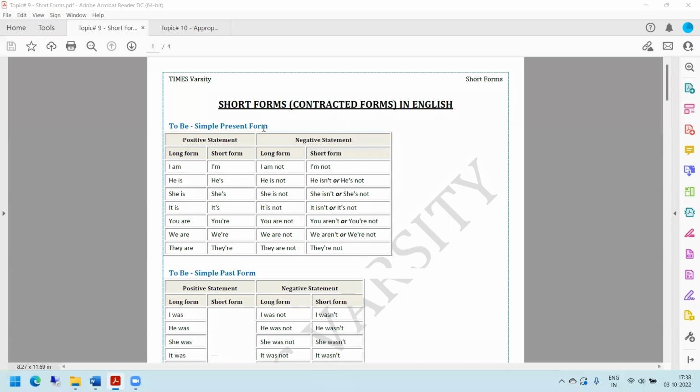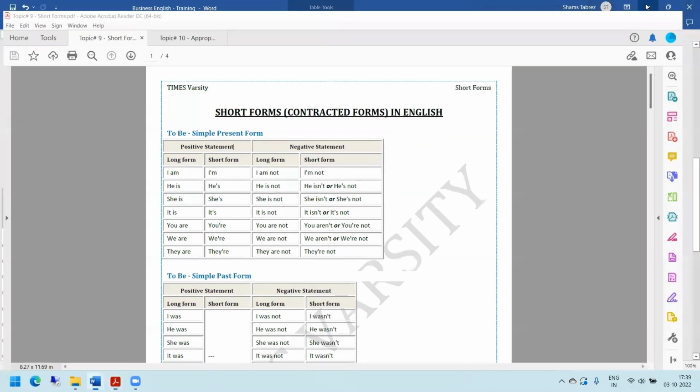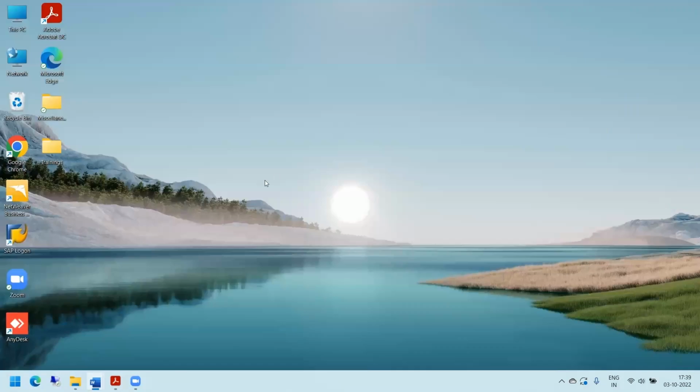Simple present form. If we talk about simple present, here we can use short forms in positive statement and negative statement. When we say positive statement, does anyone remember another term for positive statement?